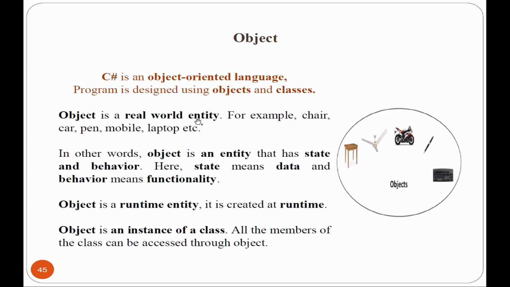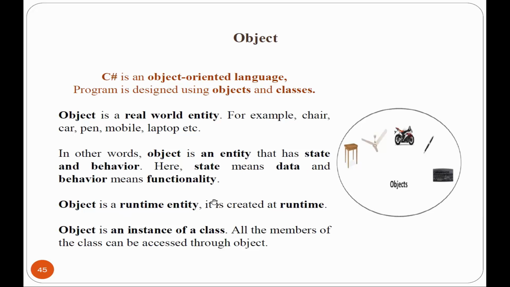Object is a real-world entity, for example chair, car, pen, mobile, laptop, etc. All are called objects. Whatever you see with your eyes or not, living and non-living things, all are objects. In other words, an object is an entity that has a state and a behavior. If anything has a state, meaning data, and has a behavior, meaning functionality, that is called an object.